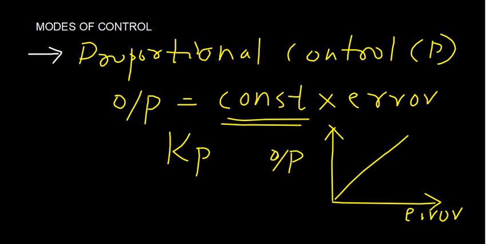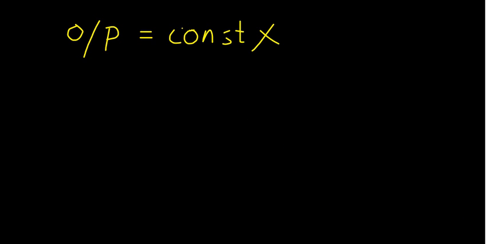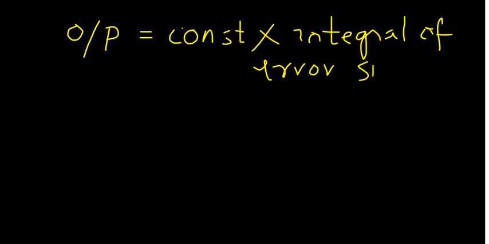whereas you go with some other versions of the control wherein the controller output is equal to some constant and the integral of the error signal. These things you already studied in your control systems, right? By making use of the integral, we generally make the system respond in a faster way.